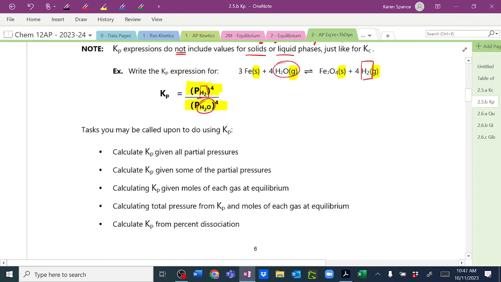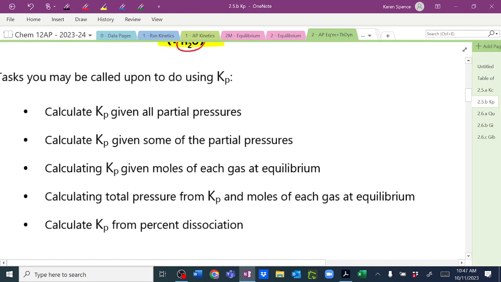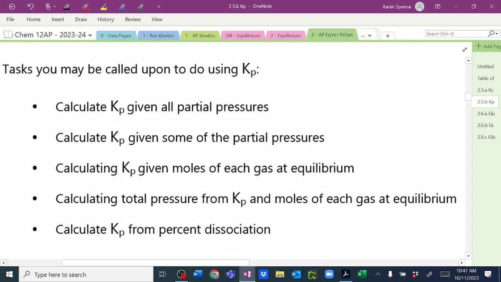Tasks you may be called upon to do using KP. Calculate KP given the partial pressures. Pretty easy, yes? If you know the partial pressure of A and the partial pressure of B and the total pressure, and you're asked to calculate the partial pressure of C, could you do it?